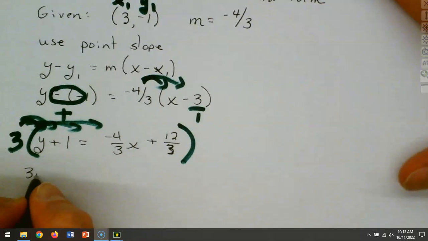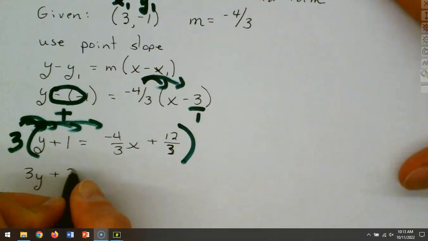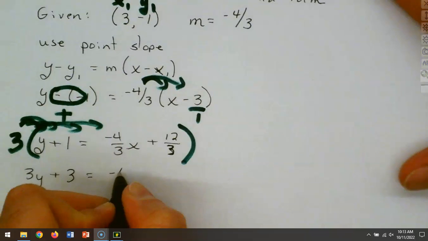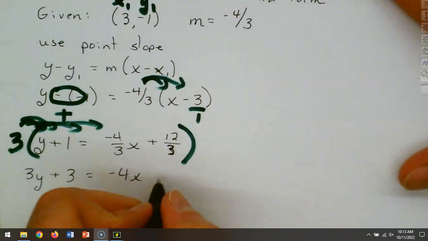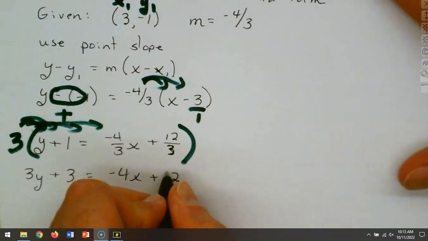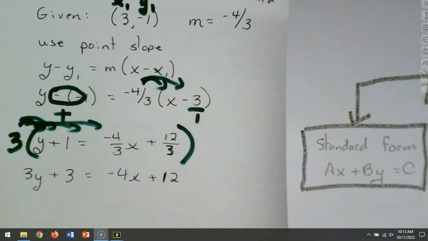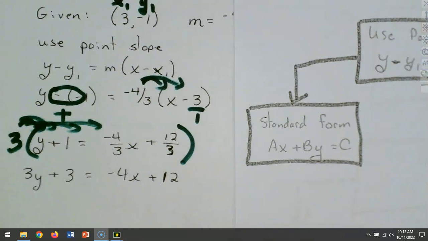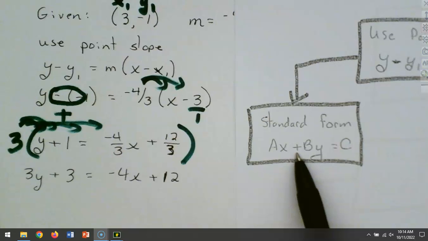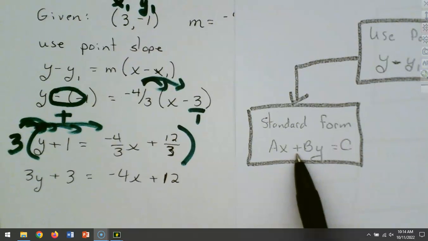And that leaves me then with 3y plus 3 equals minus 4x plus 12. Now, we want this in what? Standard form. Okay? Look at your flow chart. What does it need to look like? That. That's what it needs to look like.